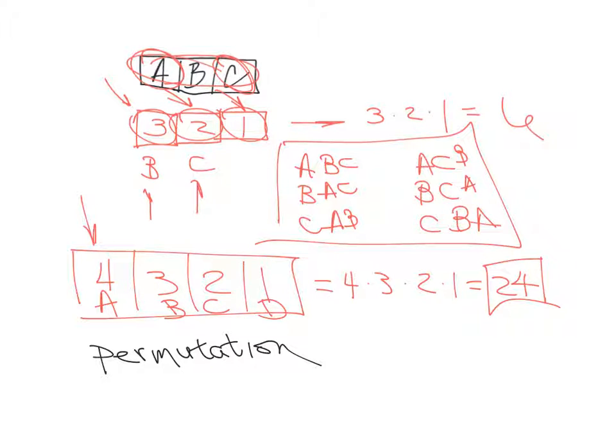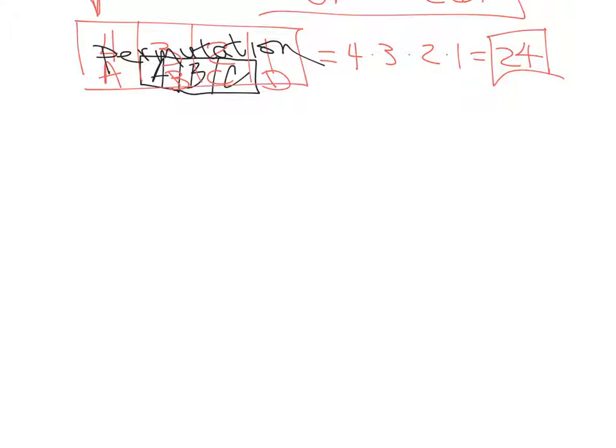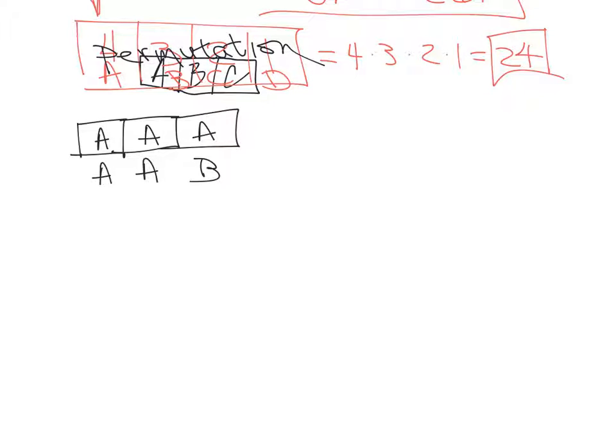for example, instead of doing it the way we did, where we're saying you cannot repeat, let's say that you can repeat. Let's say that we have 3 places here, and we're using A, B, and C, but I can repeat, okay? And I can also just repeat 2 of them, or just 1 of them.